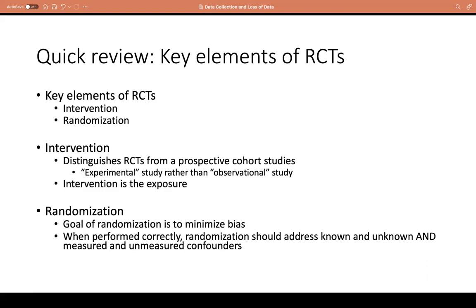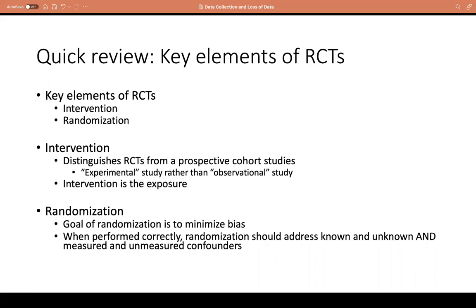When performed correctly, randomization should address both known and unknown confounders and sources of bias, as well as measured and unmeasured confounders and sources of bias. I think that's really a key point. There are certainly things that we know are potential confounders, but there are things that we are definitely not aware of, but randomization should handle those as well.